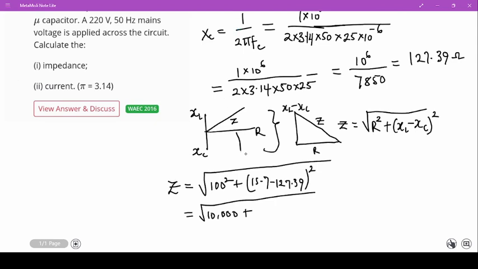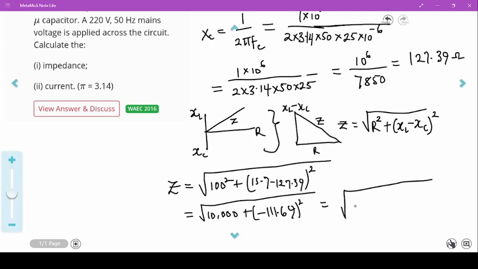That would give me, in the bracket, negative 111.69, all raised to the power of 2. I'm adding everything up so that we can get answers.